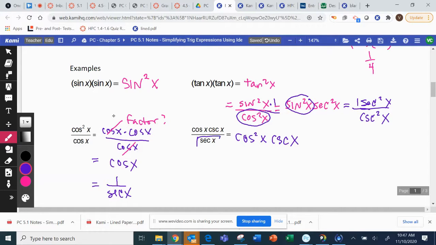The secant? So that's 1 over secant. And 1 over secant is the same as cosine. And that's why we now have 2 cosines up there, cosine squared. So then he also said cosine squared x over sine x. Mark, do you know how he got sine x on the bottom?